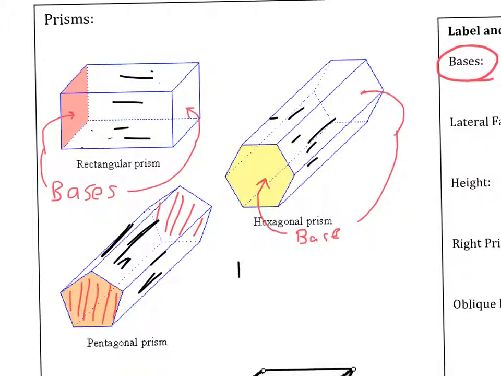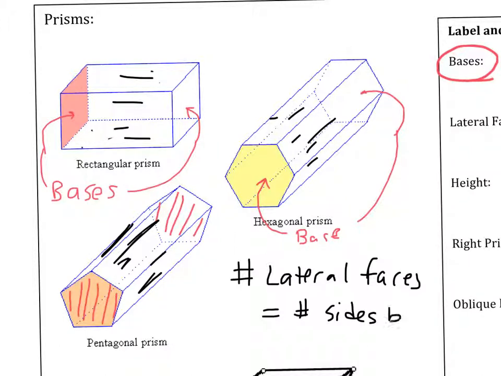Notice that the number of lateral faces is equal to the number of sides of the base. Not that you need to know this, just saying it's an interesting observation. This is a hexagon, so it has 6 lateral faces attached to it.